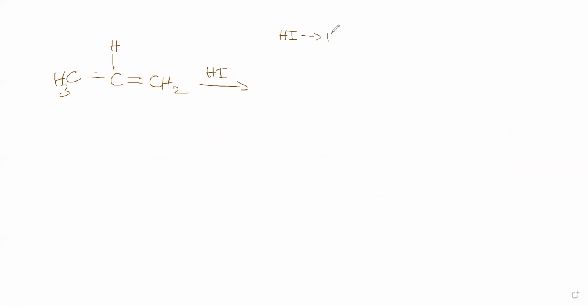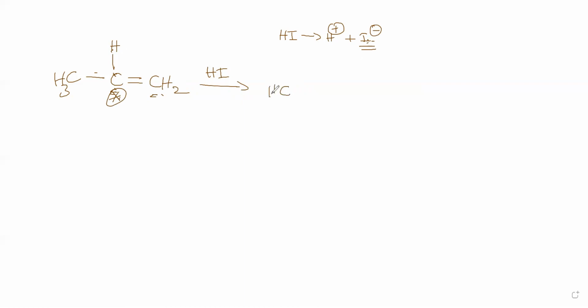HI, you write it as H plus and I minus. The negative part of the reagent is I minus. I minus will add to the carbon. Out of these two carbons, you have to check. This carbon, that is the second carbon, is having less number of hydrogens. This is only having one hydrogen. This is having two hydrogens. So add the I minus to the carbon having less number of hydrogens, that is here at this position.